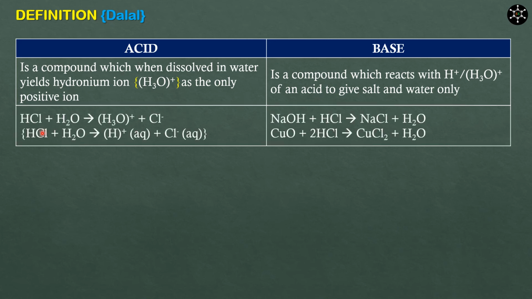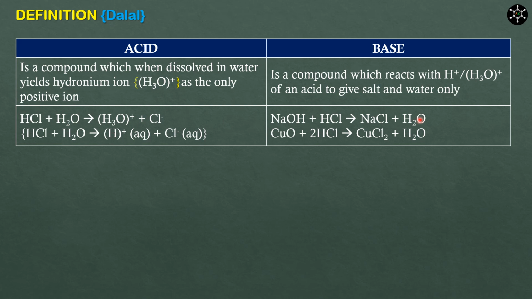Example: HCl when put into water gives hydronium ion as the only positive ion. On the other side, when sodium hydroxide is made to react with H+ of HCl acid, it gives sodium chloride salt and water as the only products.